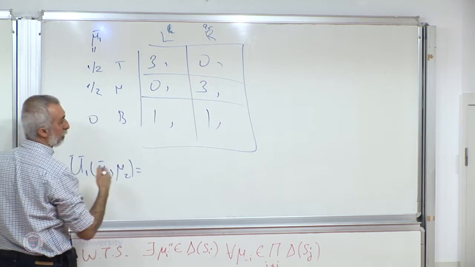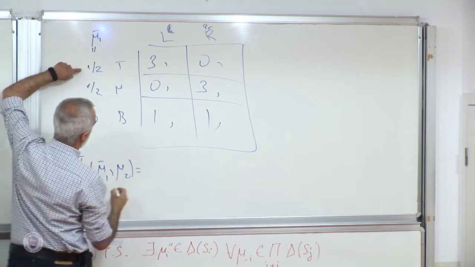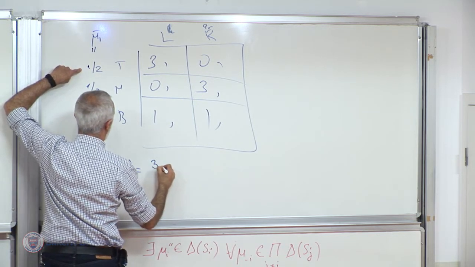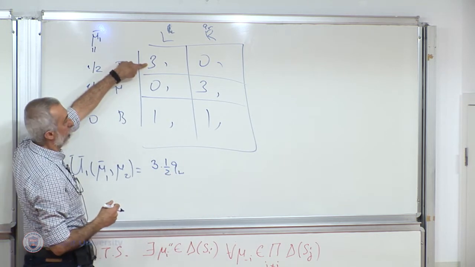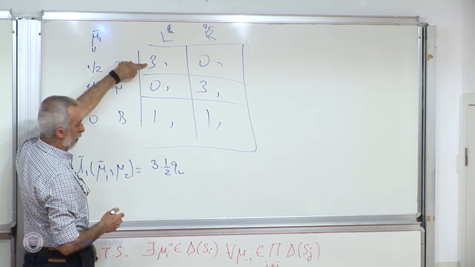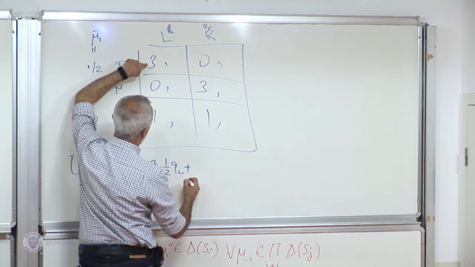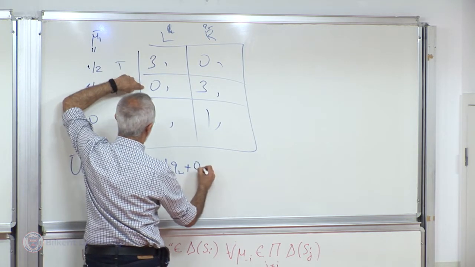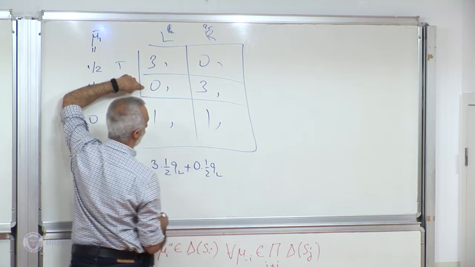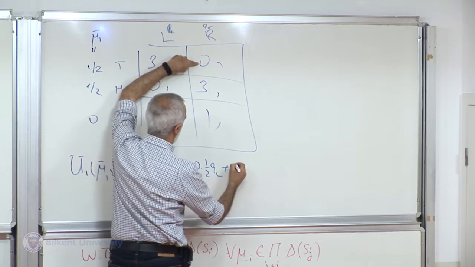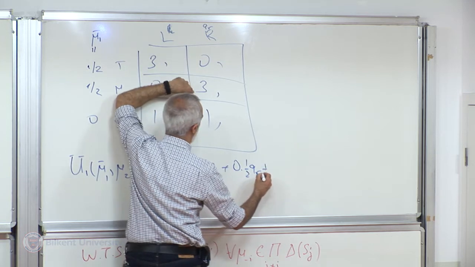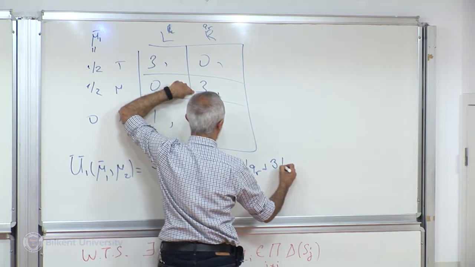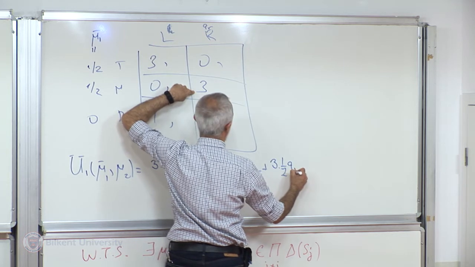I don't care about the numbers that much now. So what is that? It's 3 times 1 over 2 QL, the probability that he's going to get the payoff 3, plus 0 times 1 over 2 QL, plus 0 times 1 over 2 QR, plus 3 times 1 over 2 QR.